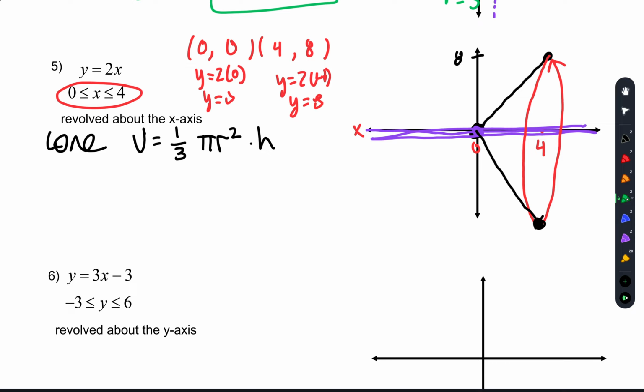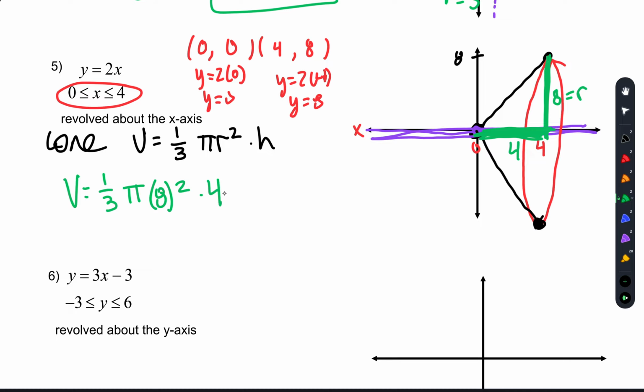Same process to finish this off. We're going to figure out what the radius of this cone is. The distance from center out to the edge, if we count those spaces up, should be 8 for our radius. And then the height of our cone, the distance from the top to the bottom, is 4. Volume equals 1/3 pi, radius 8 squared, times the height 4.